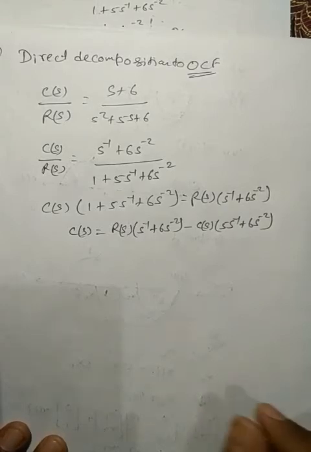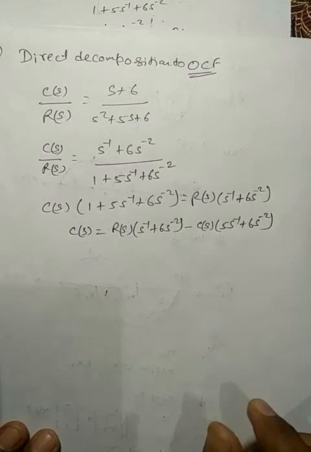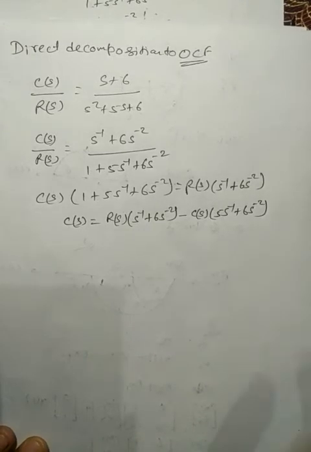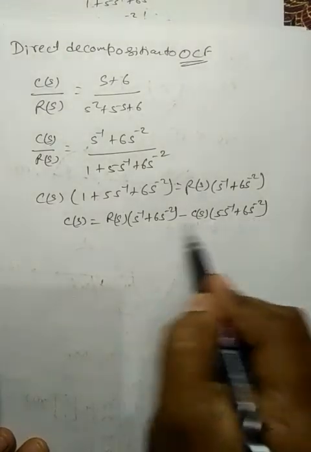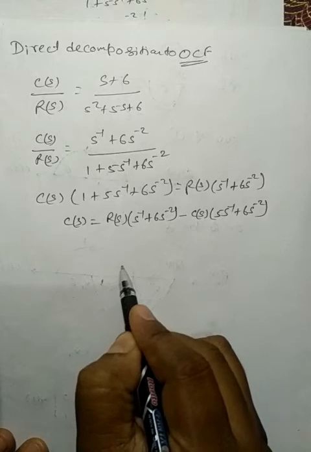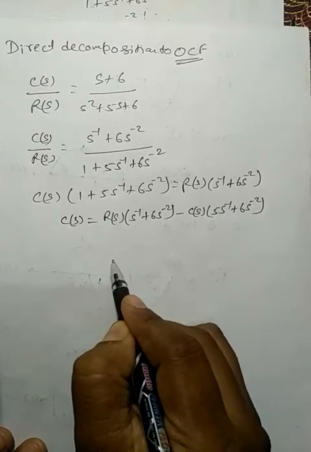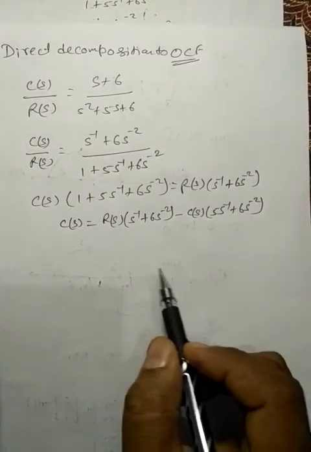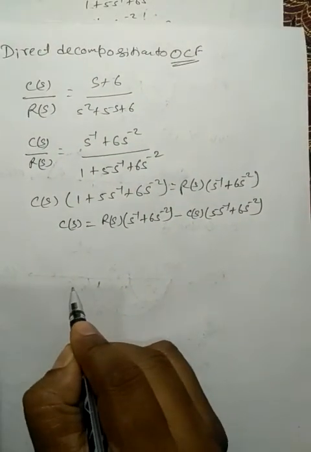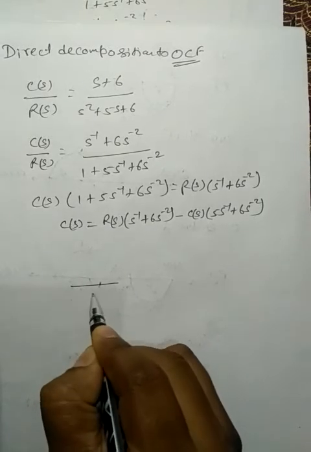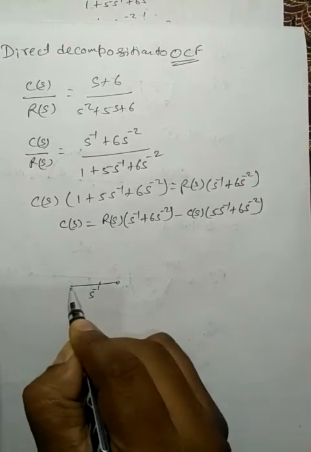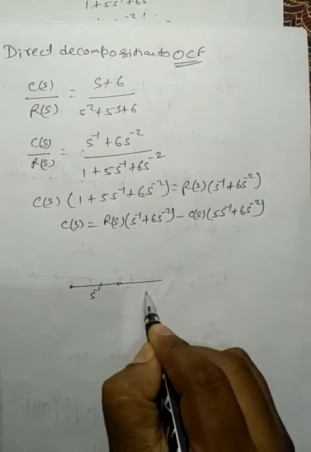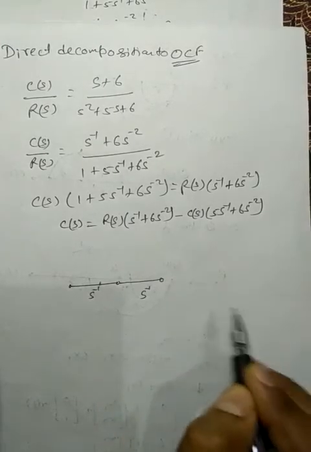And now I am drawing its state variable diagram. So state variable diagram will be like, I have two S inverses, so here I have one S inverse, one node here, one node here, and again here I have one more S inverse, one node also here.